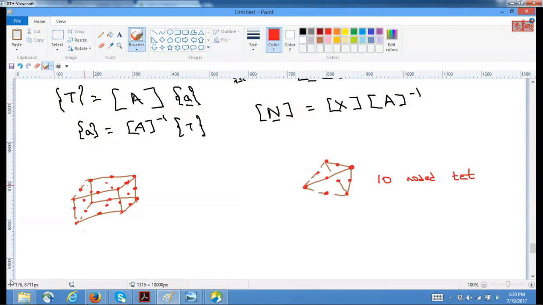So you can see that on any given plane you have 9, and you have 3 such planes. So this is the 27-noded brick.